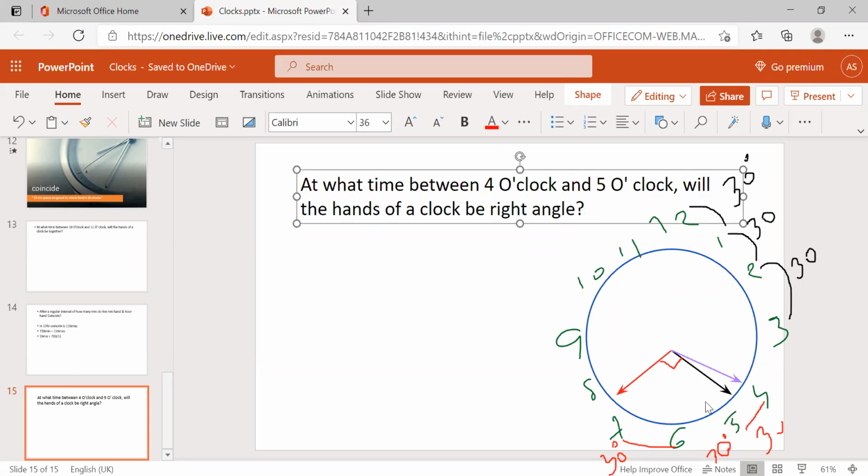The same way, if you want to find the 90 degrees, from here to here it's 30. But now the hour hand lies here. From here to here is 30, and from here to here it is 30, and here to here it is 30. Clear? So three 30s will give the 90 degrees. So how are we going to find this 90? Same thing. We have a formula to find this.